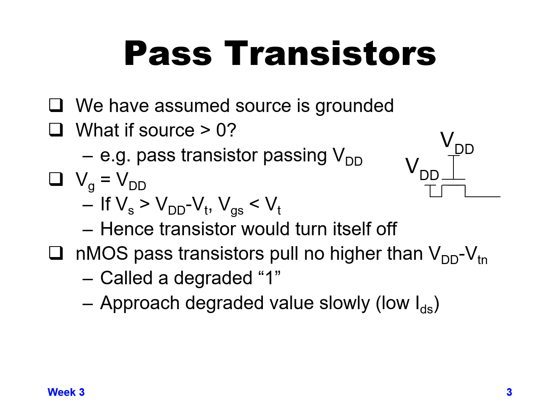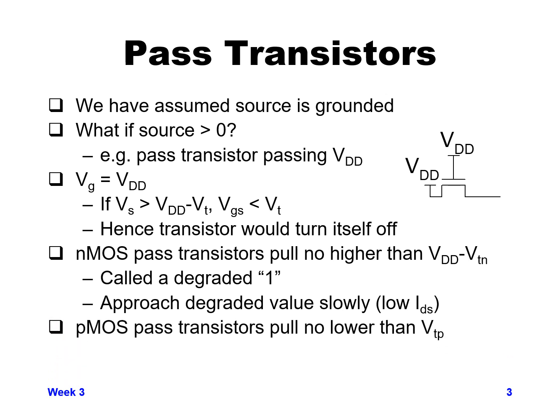What I'm saying is, if the output of this transistor on the right-hand side is pulling up in voltage, then as soon as it gets to a threshold voltage below VDD, the gate-to-source voltage is equal to VT. As soon as it becomes equal to the threshold voltage, the transistor turns itself off.